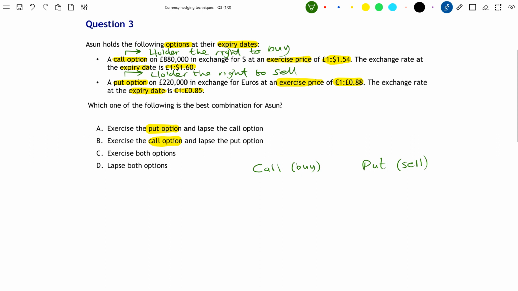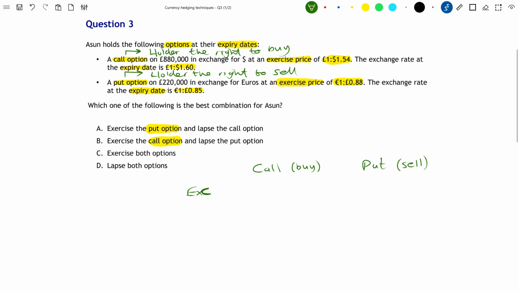So first of all, let's look at the exercise price. We'll do EXC for that. So the C is the important thing. So the exercise price is going to be the amount that they are going to buy times the exercise price rate.